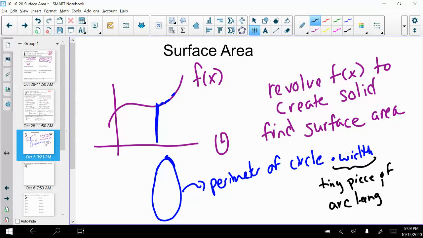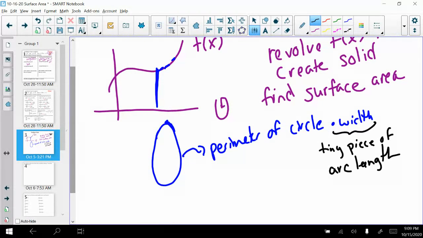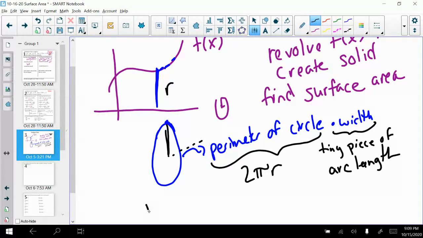Which is why we do surface area after arc length, because surface area is kind of arc length times a circle. So if I need the perimeter of my circle, we know that that's 2 pi r. r is going to be measured from my axis of rotation, the distance to f of x from our axis of rotation.